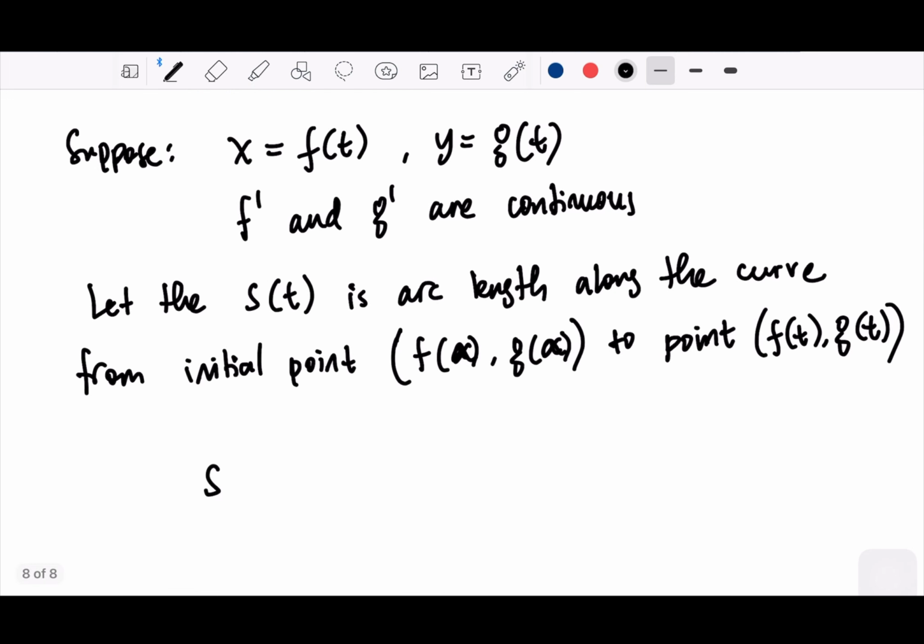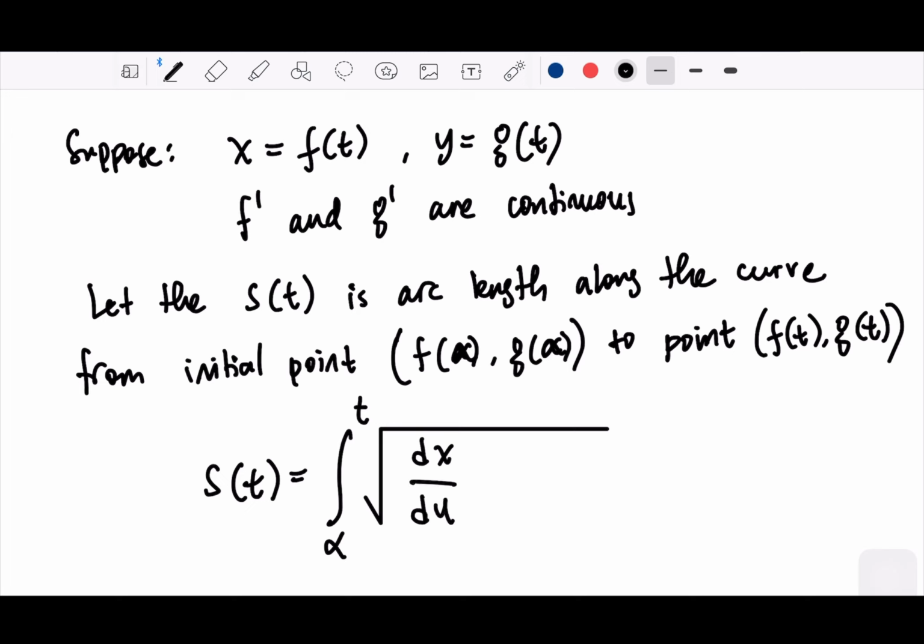And we can write s(t) as alpha to t. So just exchange the endpoint. Okay? And because we already used t in our parametric, we use another variable, let's say du, okay, to set the equations. Because if we set with another t, we will have some confusion, right?